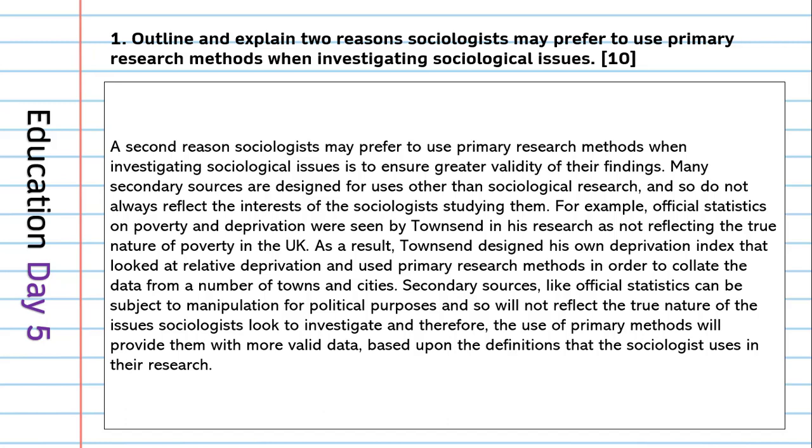So in a way, I've taken a negative point about secondary sources and a positive point about primary research methods, and I've made a comparison between the two. And this is why people may prefer to use primary research methods, because they are certain of the definitions. They know that the definitions fit their purposes.